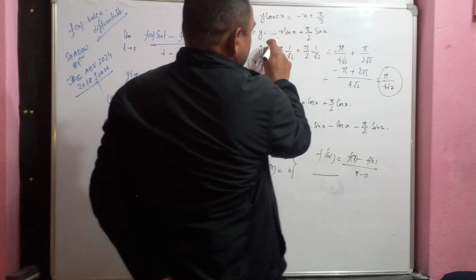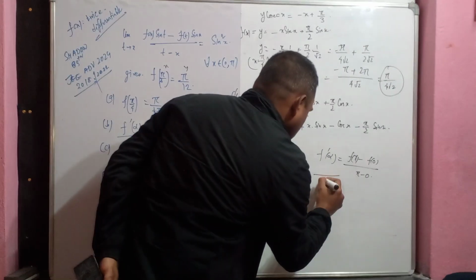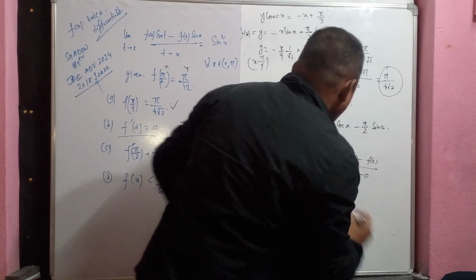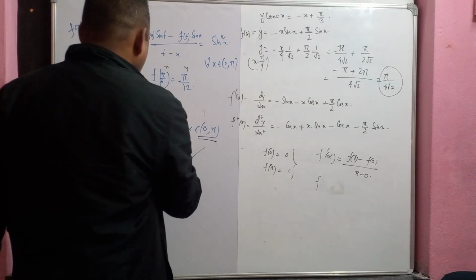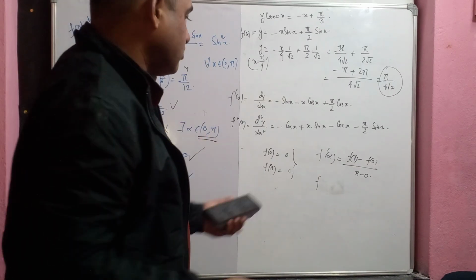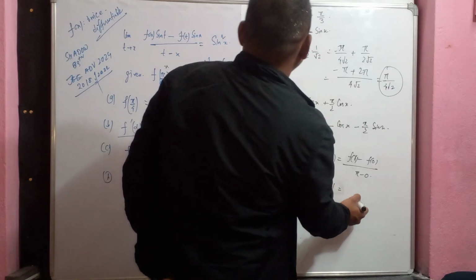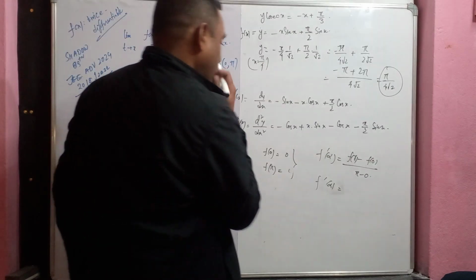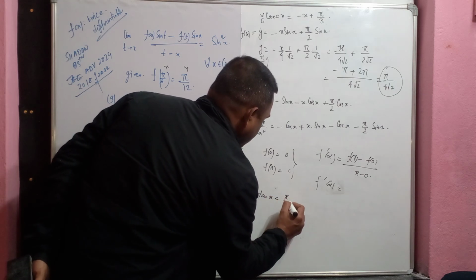See, sin pi is 0. So f dot pi is again becoming 0 because it is an open interval. So this is a wrong option because of the open interval. So the only possibility of f dot alpha is when it is 0, because tan x is equal to cot, pi by 2 minus x.